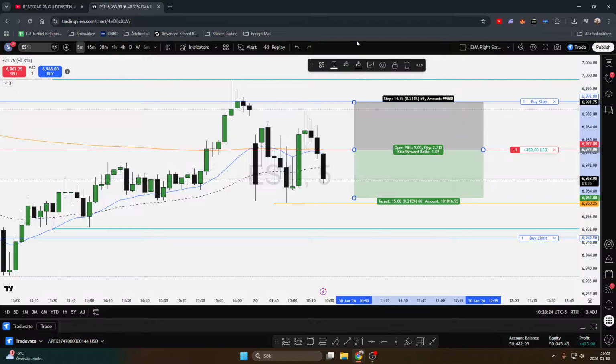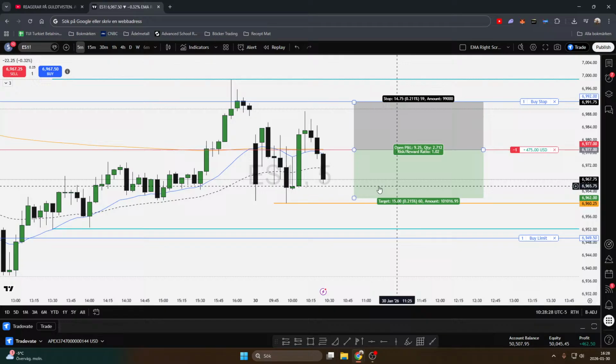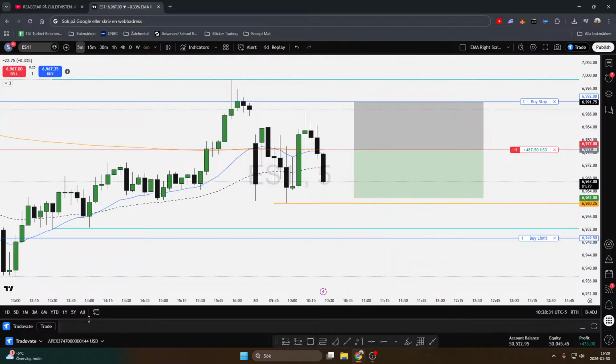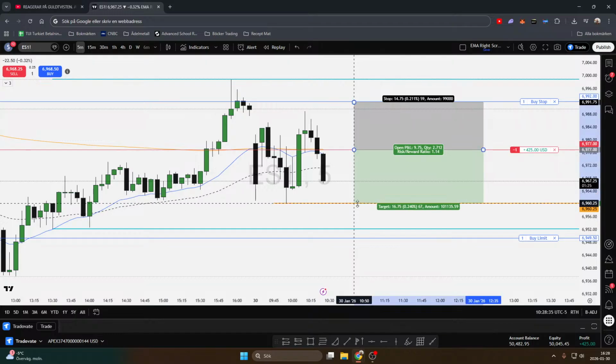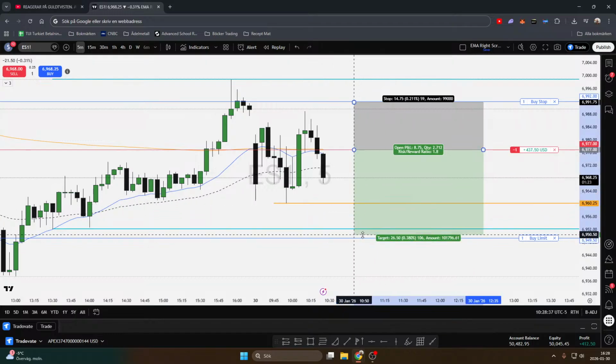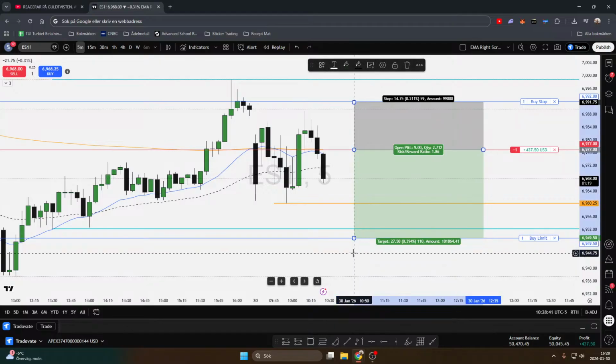Lot of risk here. I'm doing 700. That's a 700 trade at least. Maybe I'm gonna try to go for 1.8R.